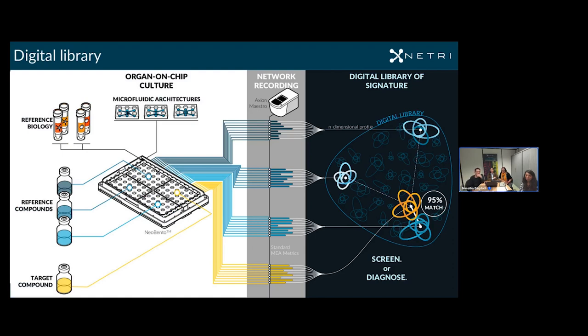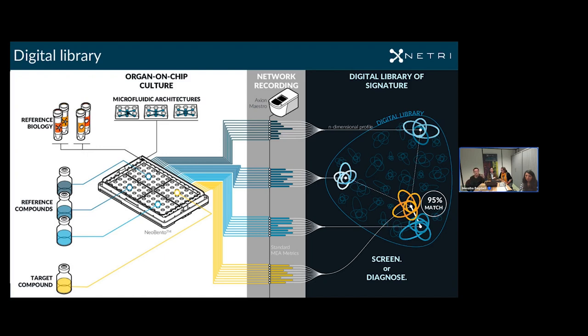The idea is, if you have a certain number of reference compounds for a particular application, and those compounds can be simple agonists, but they can also be known compounds that are on the market. Very interestingly, if the information is available, compounds that have failed to go to market, and this allows you to create a digital library.